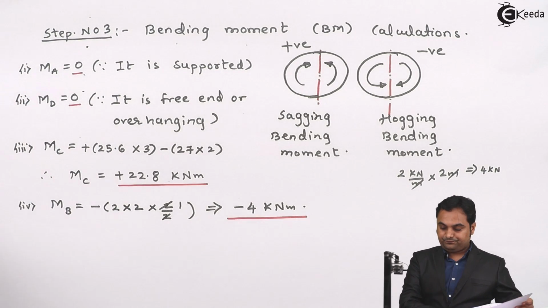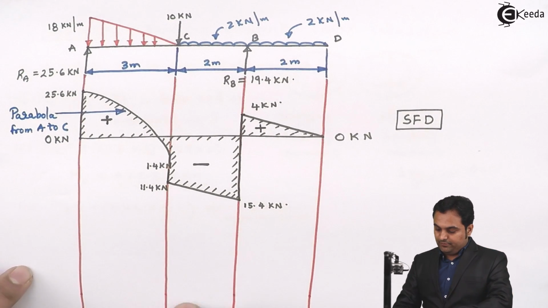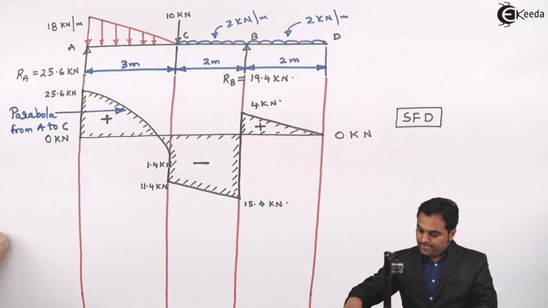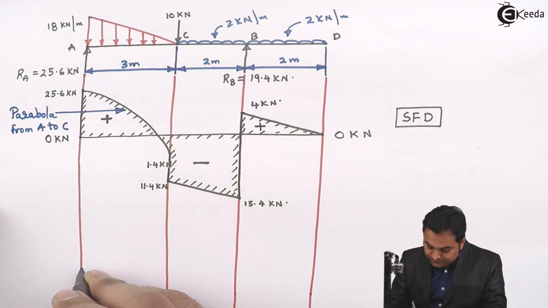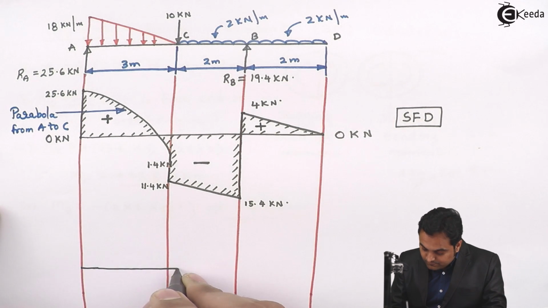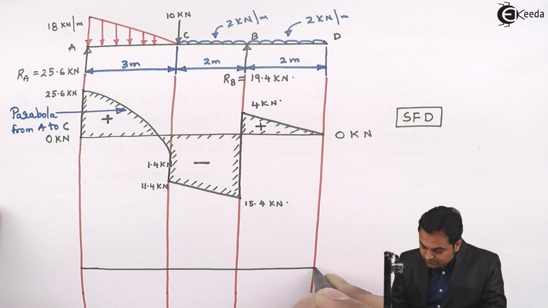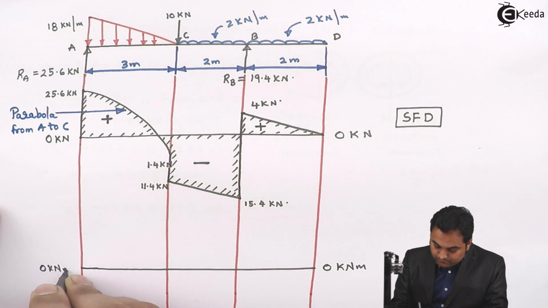So now, if I show these points on the bending moment diagram, it will be drawn just below the shear force diagram. Here this horizontal line has 0 kilonewton meter bending moment.